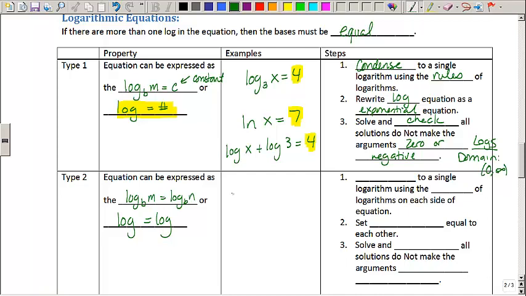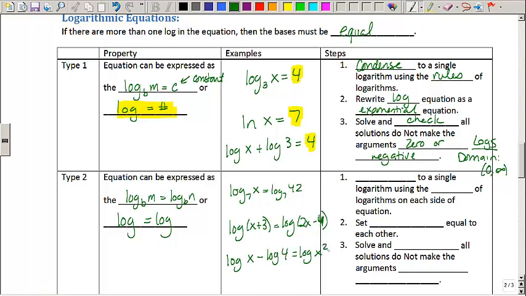Some examples of that would be log base 7 of x equals log base 7 of 42. Another one would be log of x plus 3 equals log of 2x minus 4. And the last one, log x minus log 4 equals log x squared.